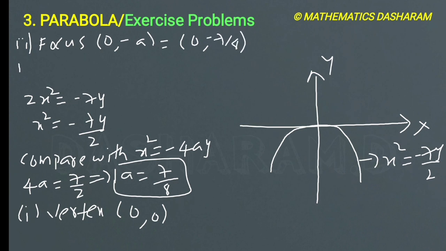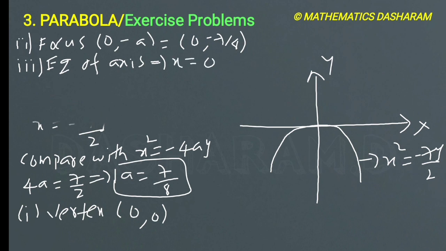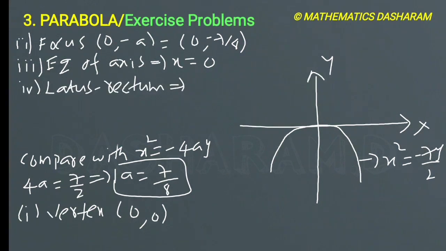Next, the third one is the equation of the axis, so that is x equals to 0. Next one is the equation of the latus rectum, y equals to minus a, so it implies y equals to minus 7 by 8.